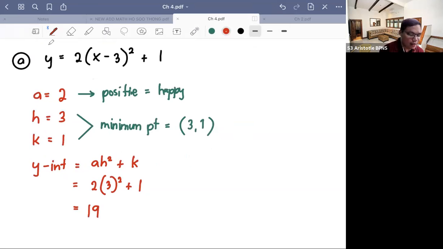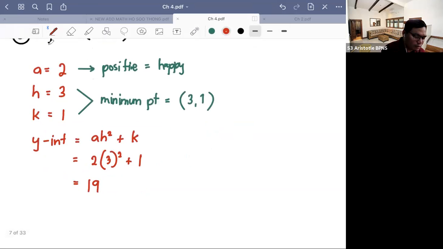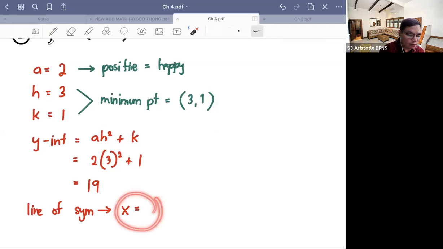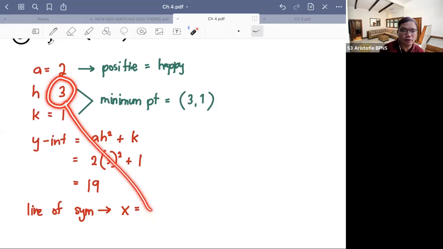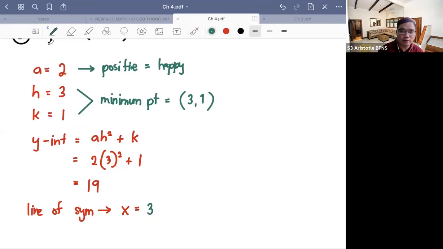And then what is your line of symmetry? x equals what? Again, the line of symmetry is equal to whatever h is. So if this is 3, your line of symmetry is also 3.